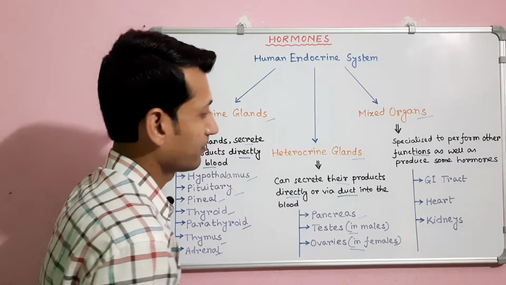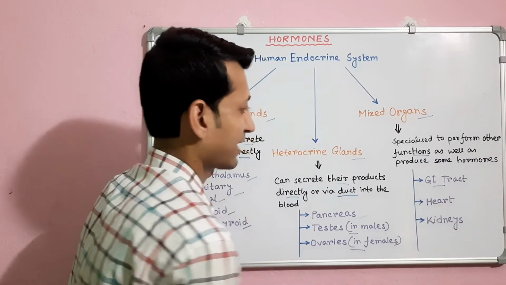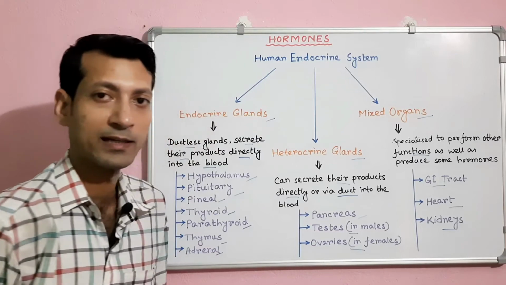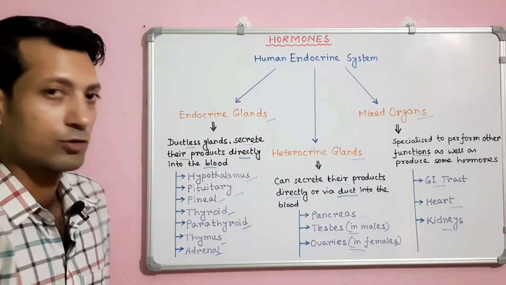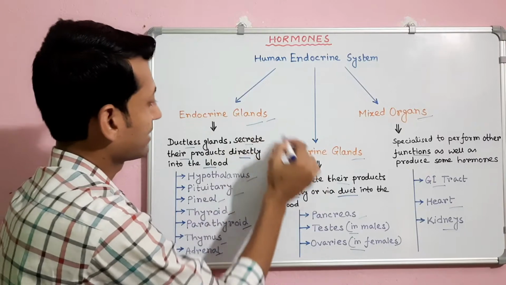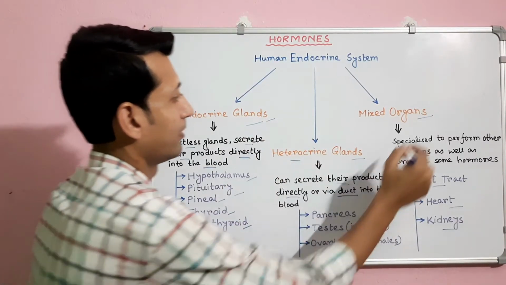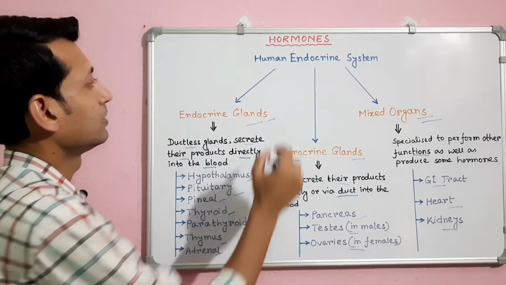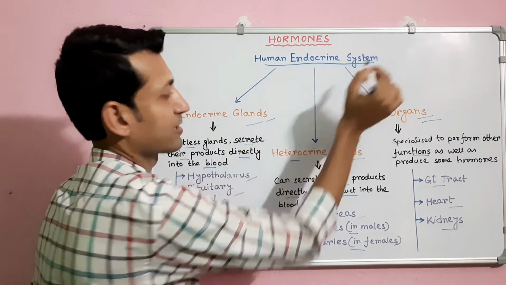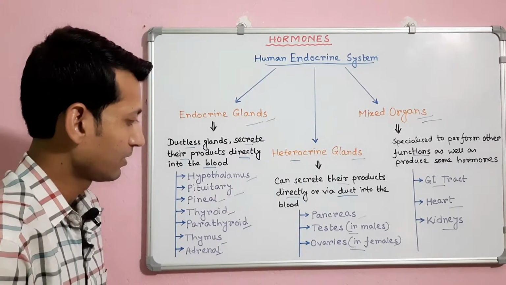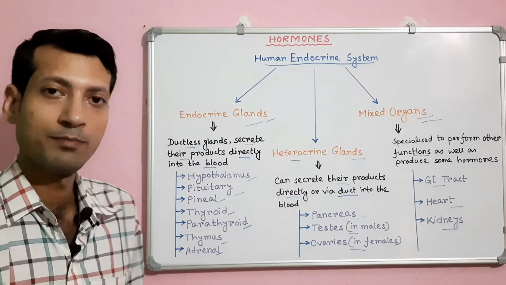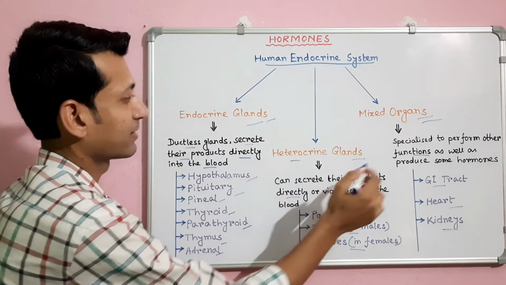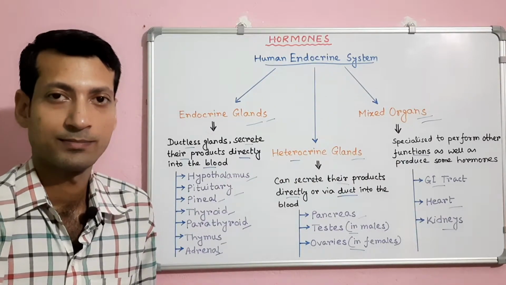The organs are the gastrointestinal tract, heart, kidneys, etc. So, all these glands and organs collectively constitute the human endocrine system. Now, I will mention the hormones which are secreted from the glands and the organs.